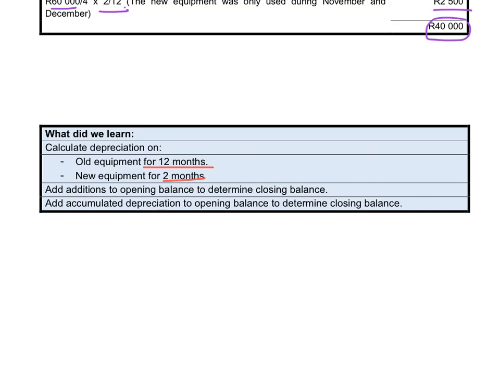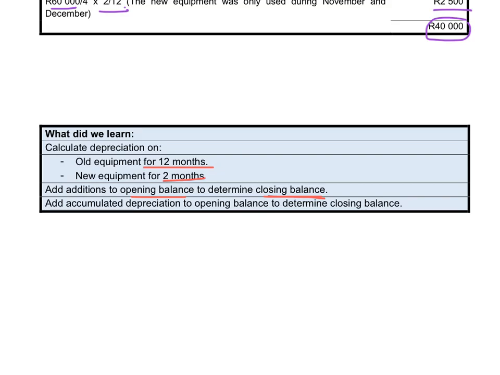Any additions to equipment will be added to the opening balance to determine the closing balance of your equipment at cost price, and that will be your closing balance in the note.